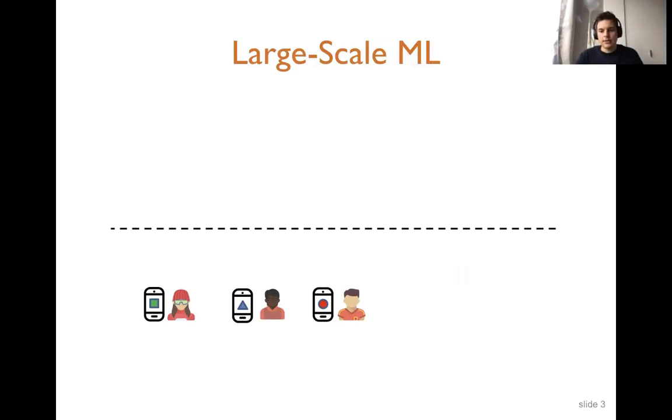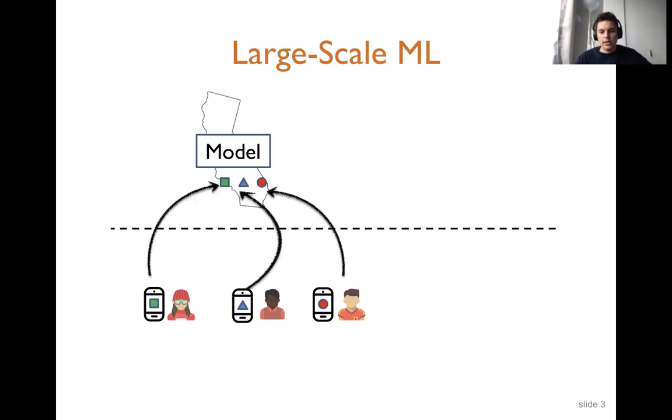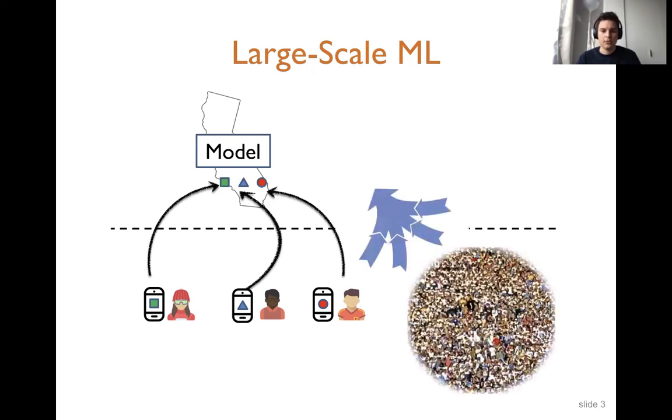Traditionally, the way these types of applications were trained, there is a machine learning model that tries to do this prediction, and in this large-scale setting, the model would reside on the company side, in a big data center, and would be trained on data from all the users. So all the users would have to send their data to the data center and then train the model together.